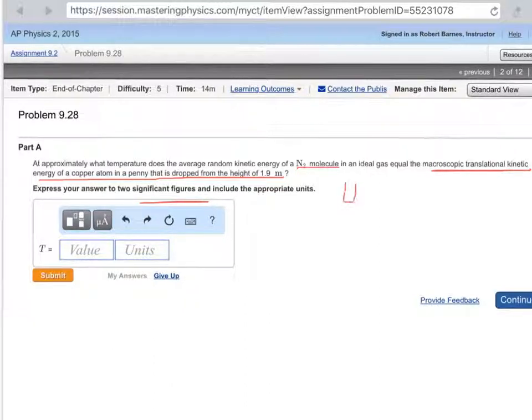So this would be UG equals the average kinetic energy of a nitrogen molecule. First let's find the UG, the gravitational potential energy of the atom dropped from a height of 1.9 meters. That's mg delta H.